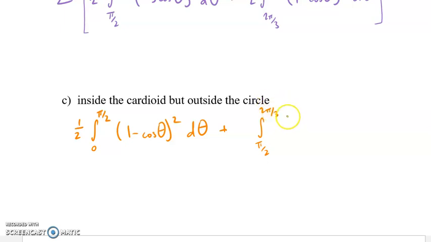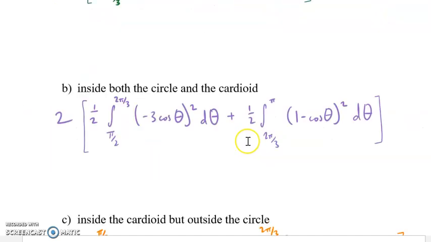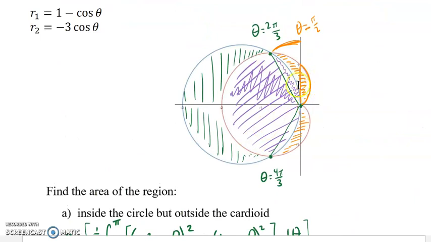And we've got big radius minus small radius. So again, this is 1 minus cosine of theta squared. Minus the circle, which is negative 3 cosine theta, and we're going to square that. And once again, this is going to have a 1/2 out front. And once again, I'm only finding with this expression the top half of the orange stuff.